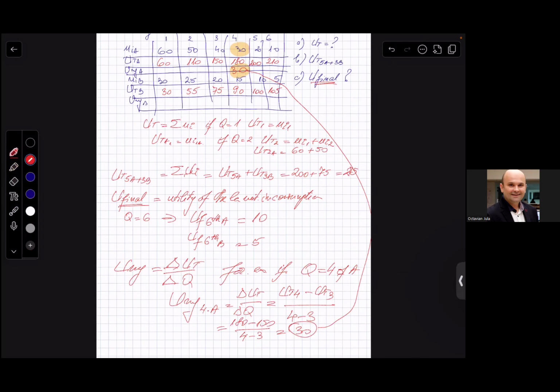I told you during the seminar, and my colleague told you during the seminar, individual utility equals marginal utility only when the extra quantity, the change in quantity, is always 1. What does it mean? It means that by increasing 1 by 1, all the time the difference in total utility is divided by 1, 4 minus 3, 11 minus 10, and so on and so forth.